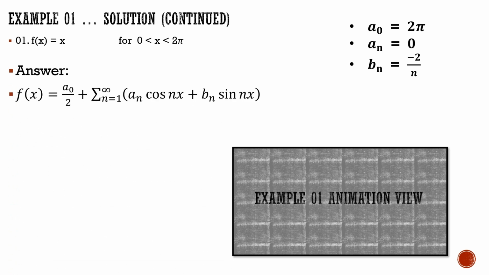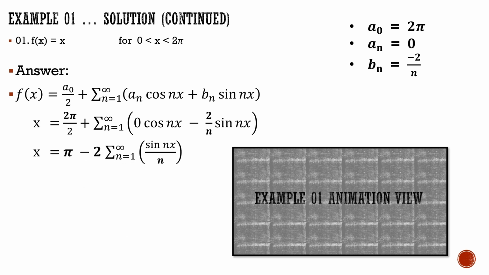Now we have to write the equation for the Fourier series of f(x), which is f(x) equals x. For this equation, the an, a0 and bn are these. After substituting these values into the Fourier series, we can get the final answer as x equals π minus 2 times Σ (n=1 to infinity) sin nx / n.